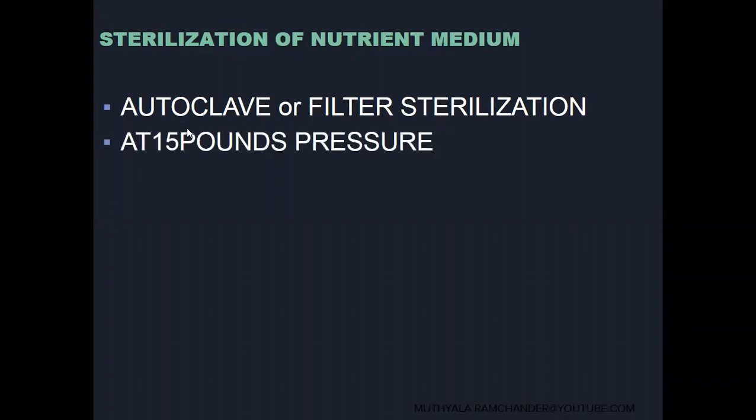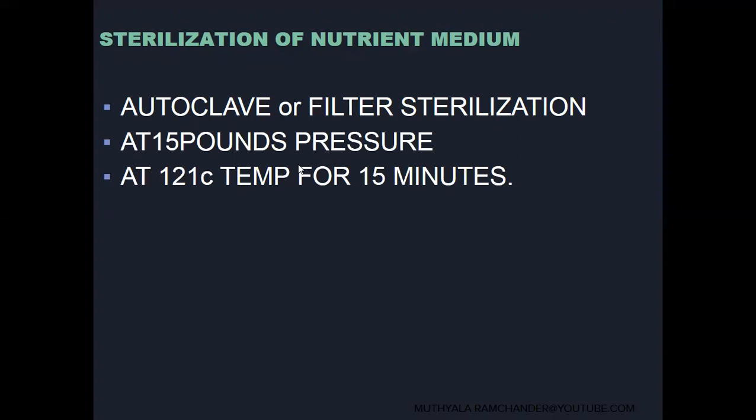In this autoclave, we use 15 pounds of pressure at 121 degrees Celsius temperature for 15 minutes. Nutrient mediums like MS medium and other synthetic mediums are kept in the autoclave under these conditions. Automatically, any microorganisms present on the nutrient medium are eliminated; they die. Now we collect only fresh, healthy nutrient medium for tissue culture.